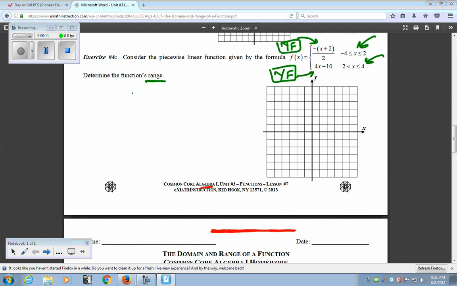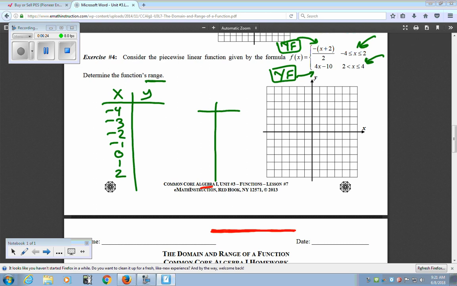For the first graph, I only need table values from -4 to 2. Those are the ones you're going to copy off of the graph and connect those lines. And then for the other one, I only need values from 2 to 4.